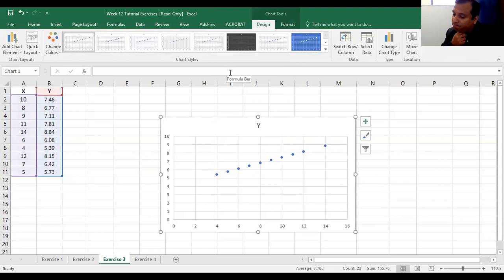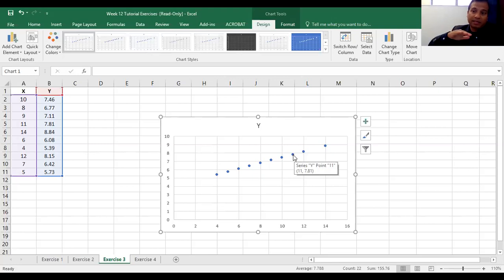Okay, so you could see here the scatter plot. The output is the same as what is there in this exercise.